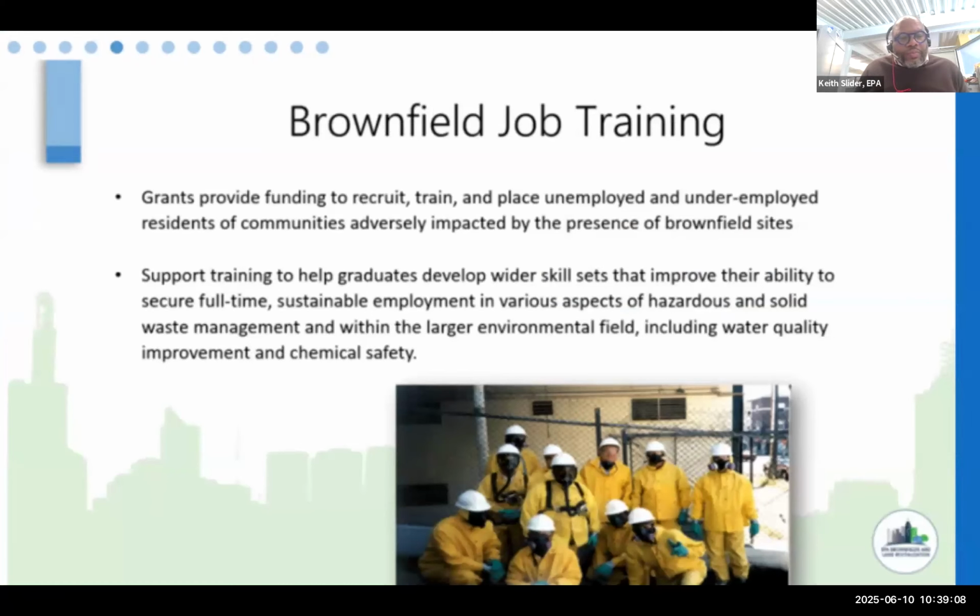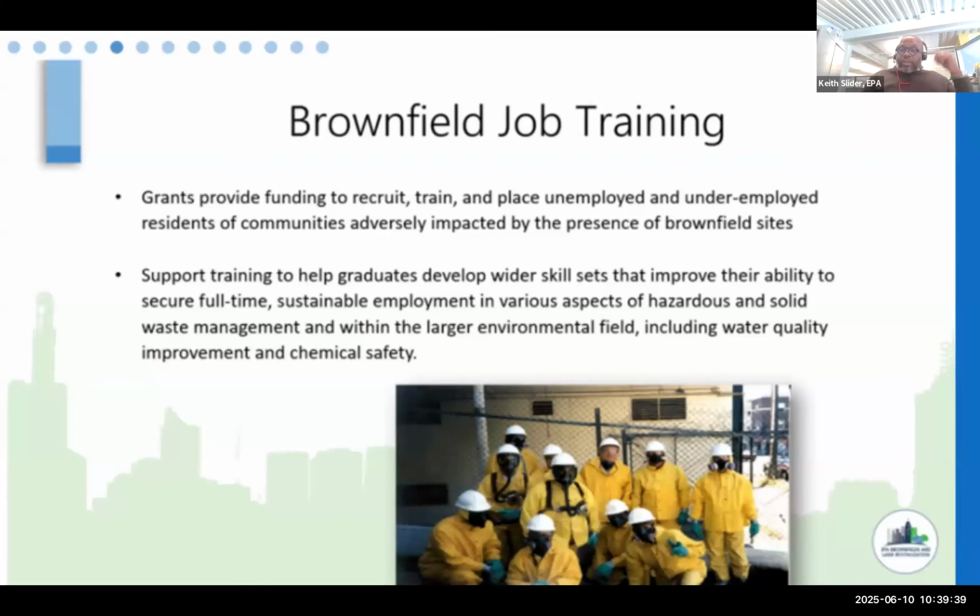Our grants also can be used to provide job training, much needed job training and employment opportunities that involve areas of the environmental industry, especially to those areas where the sites are located. Jobs like transporting hazardous material, hazardous waste, asbestos and lead abatement, and 40-hour HAZWOPER training are just a few introductory training courses that these types of job training grants can cover.